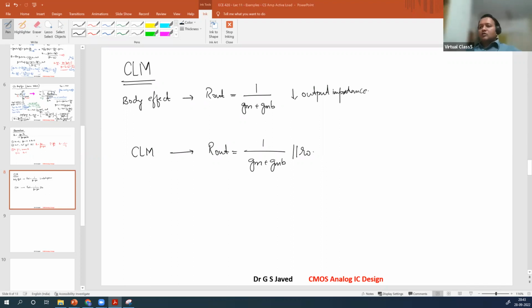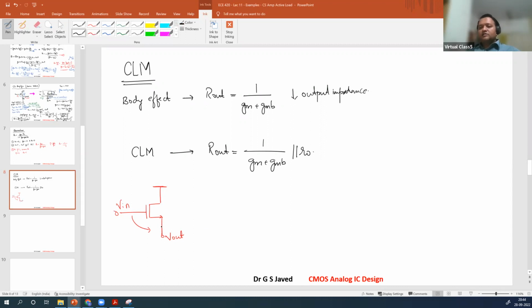Now, why is this called a source follower? I had written it down at the beginning. Whatever is applied at the gate is followed here. So what does that mean?